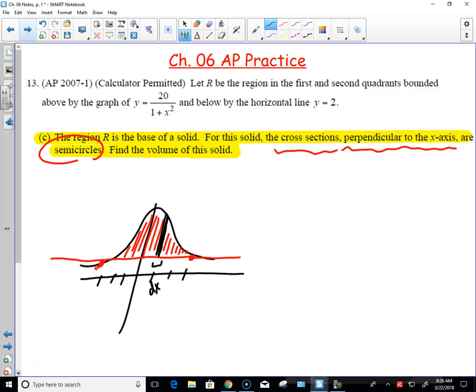Could you also memorize on the forever card for volumes by cross sections that V is going to equal the integral from x1 to x2 of an area formula dx whenever you get this wording? Yeah, you can memorize that if you want. But you need to know this idea, and maybe you can just visualize and figure it out.